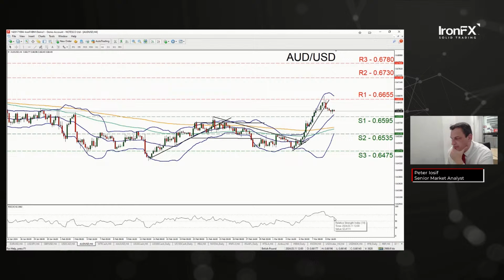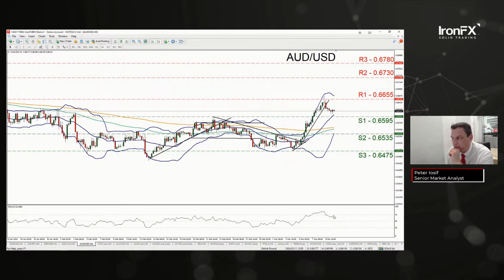The RSI indicator, on the other hand, has corrected below the reading of 70, yet remains pretty high at 62. So there's still a residue of a bullish market sentiment still left, which could push it upwards. It's going to be interesting to see where the Aussie will be landing in the next, in my opinion, 5 days.